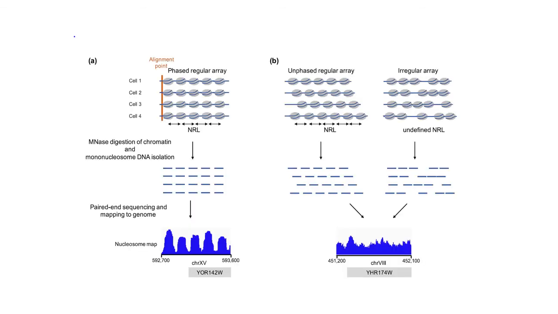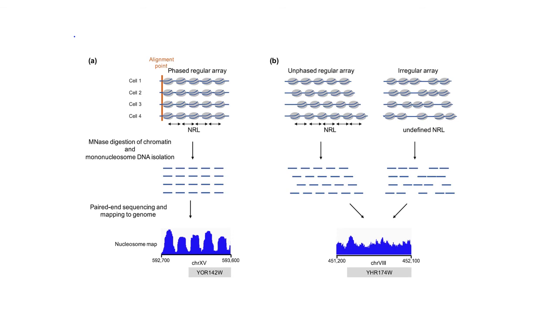Okay, so what that looks like here, in the case of the phased regular array, there are certain sequences which are not covered by nucleosomes, and those will be represented as troughs. And then we have peaks, where the peak represents the center of each of those phased nucleosomes. So the series of peaks tells us this is a phased array of nucleosomes, so we can see where the nucleosomes were relative to the DNA sequence.